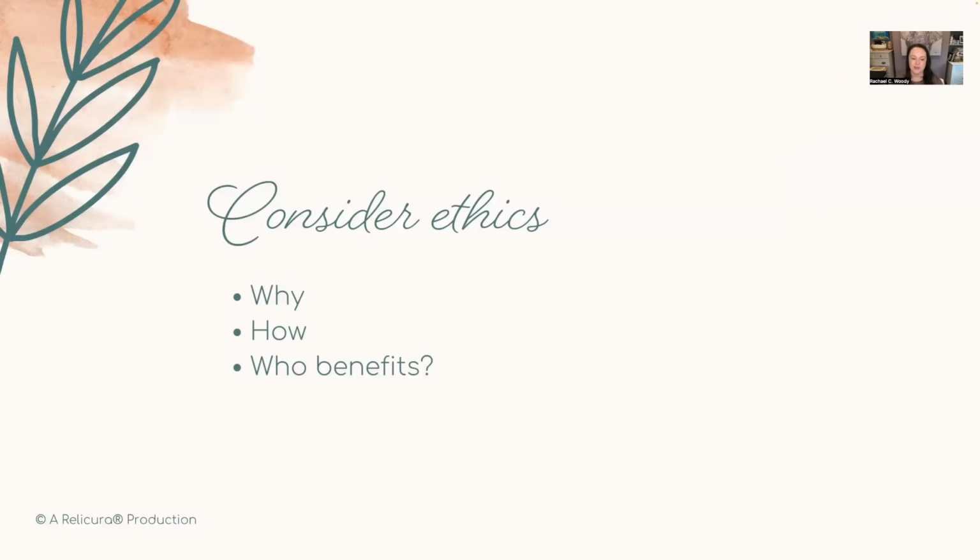All right, consider the ethics. When we're thinking about ethics, some of which will be covered in museum and archives best practices, but in general, when we're considering ethics for any sort of decisions we're making with our collections that were made and enjoyed by humans, we need to consider the why, how, and the who benefits.